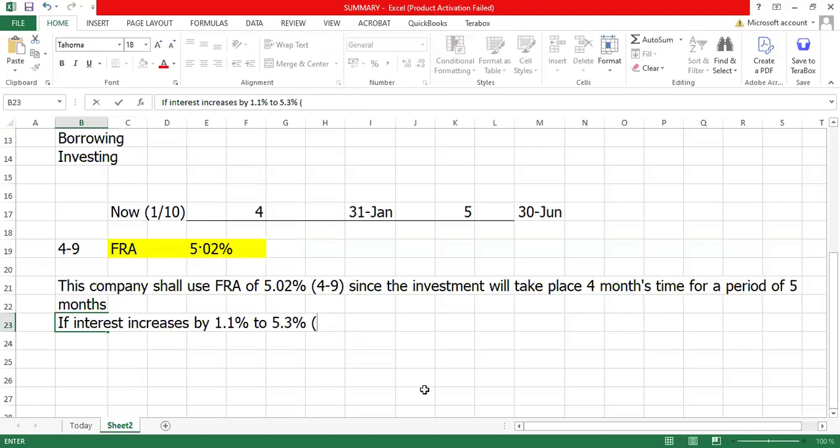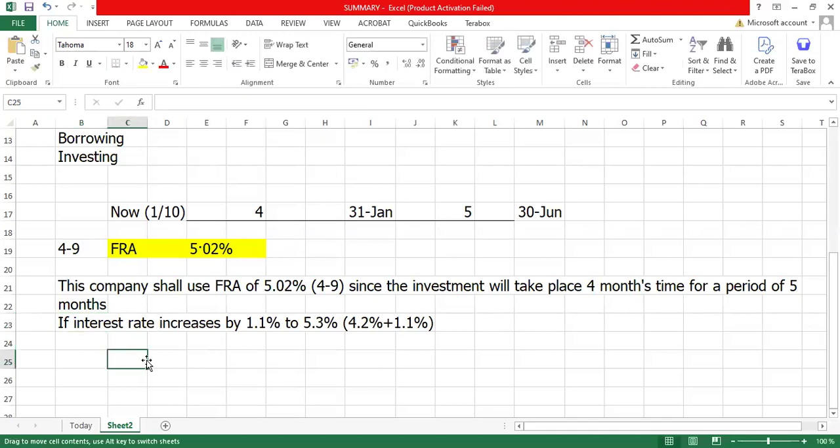We are getting it from that 4.2 plus the increase 1.1%. So in a scenario where the interest rate increases by 1.1, what will happen? You as an investor, you're going to invest and you expect obviously to earn.